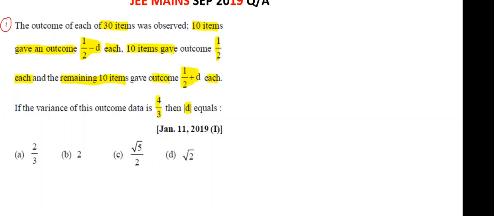Okay, so first we need to find the mean. Mean means 1/n into sigma xi. N here is 30, so 1/30 sigma xi. This is the mean, or we can write x bar also. So 1/30 into sigma xi.